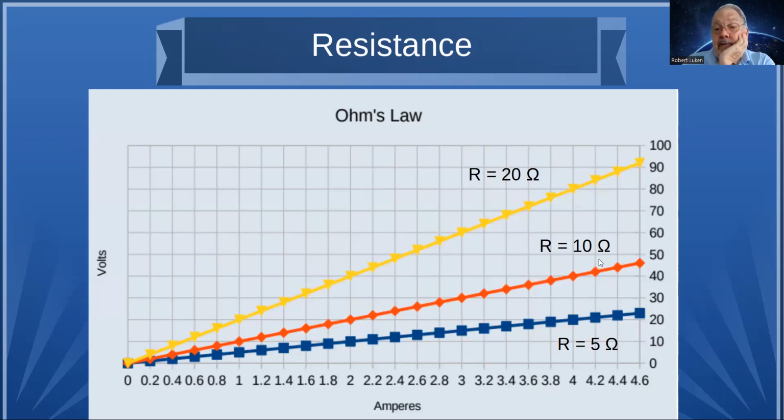This is just a thing showing how Ohm plotted it, and you can see Ohm's law is just the slope of the line. It's the ratio of voltage to current.